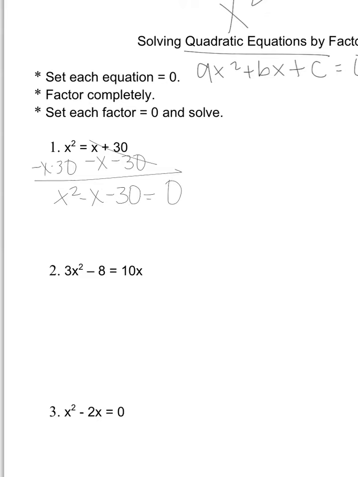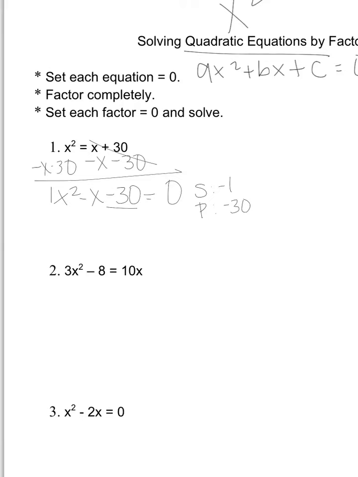Now we're going to factor it. If you look at your blue sheet, when you're factoring with 3 terms, first thing you check for is a GCF, but they don't have a GCF. With 3 terms, you're wanting to figure out the 2 numbers that will give you the sum, which is your middle number, that's -1. The product, which are your outside numbers, notice that's -30 and that's a 1, so we get -30 for the product.